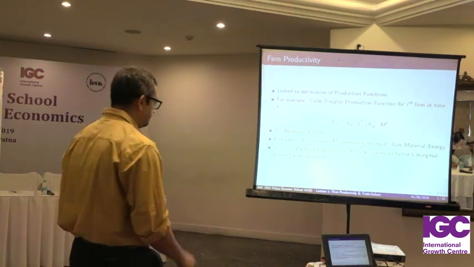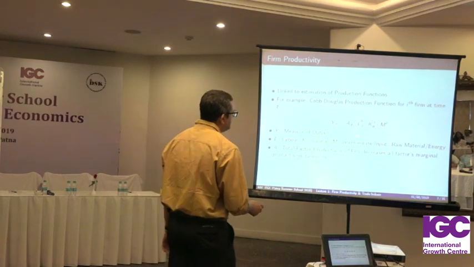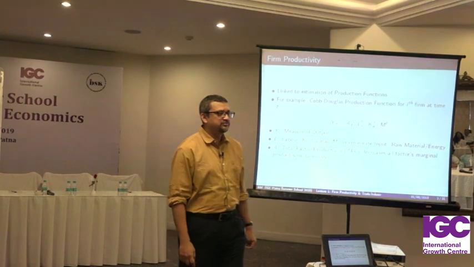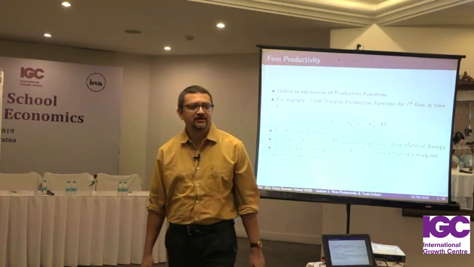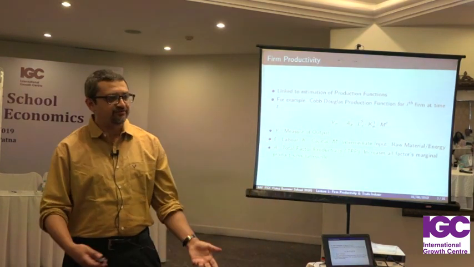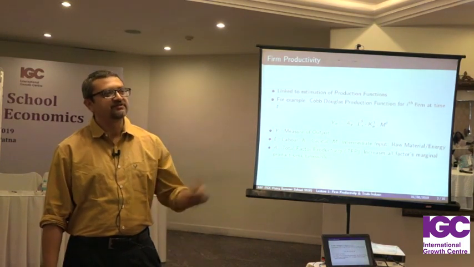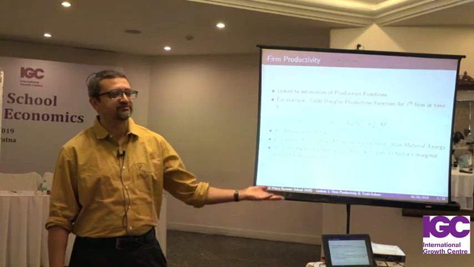How productive is this firm? What does it do? This productivity basically increases all factors' marginal products simultaneously, right? So a unit of labor, a unit of capital gives you more output for a particular firm if its A is higher. So this is just a more efficient firm.